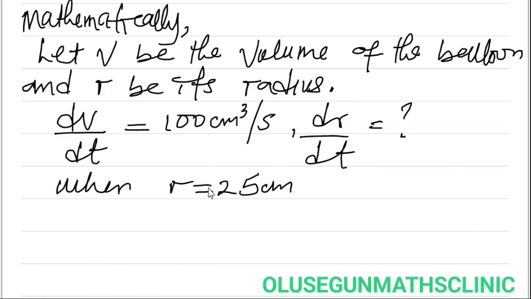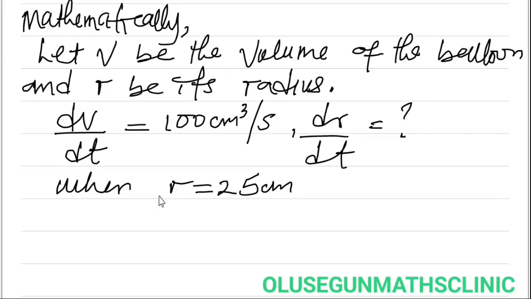So when the radius is 25 centimeter, in order to connect the V and the R, we first relate V and R by formulating a formula.